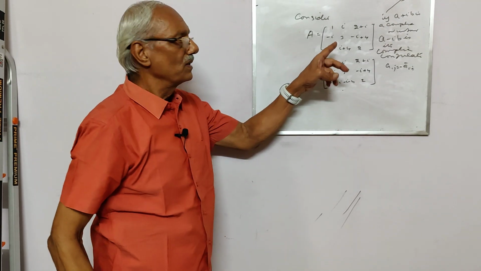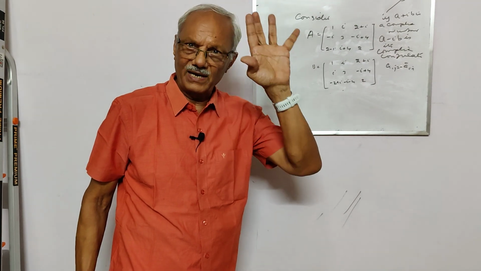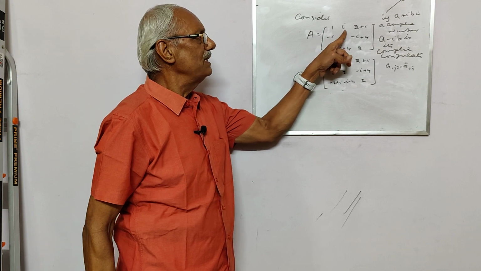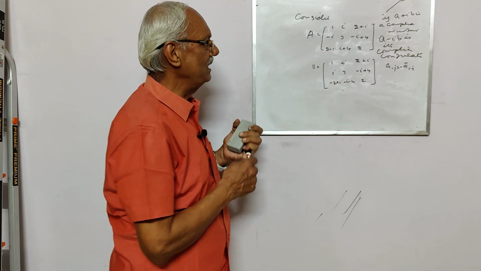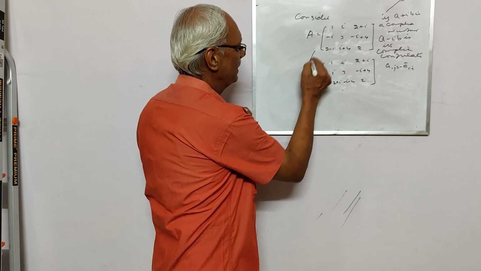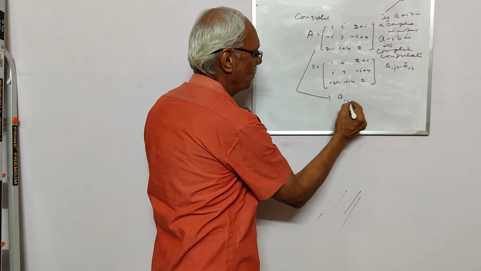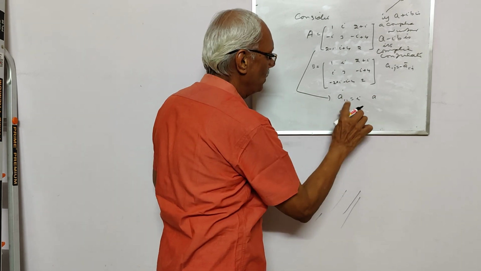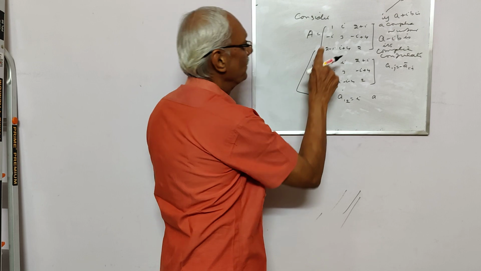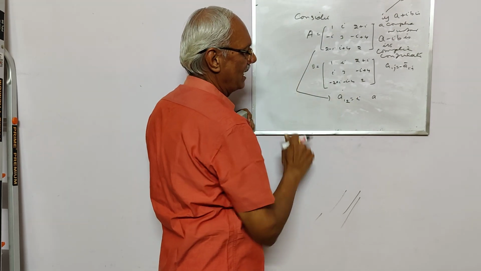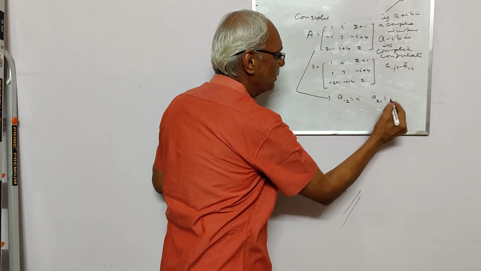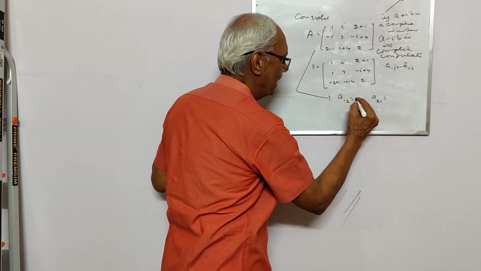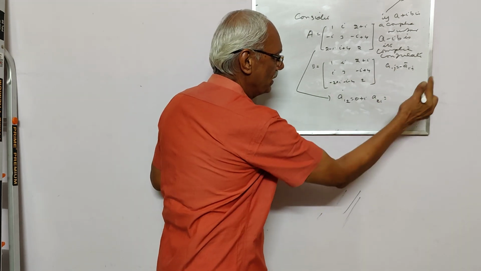Now here, as I explained to you in symmetric matrix, bring that idea of symmetric matrix. The second element is A11, which is equal to I. Now A12: the first row second element is I, and the second row first element is, you can write this as 0 plus I. What is the conjugate of this?